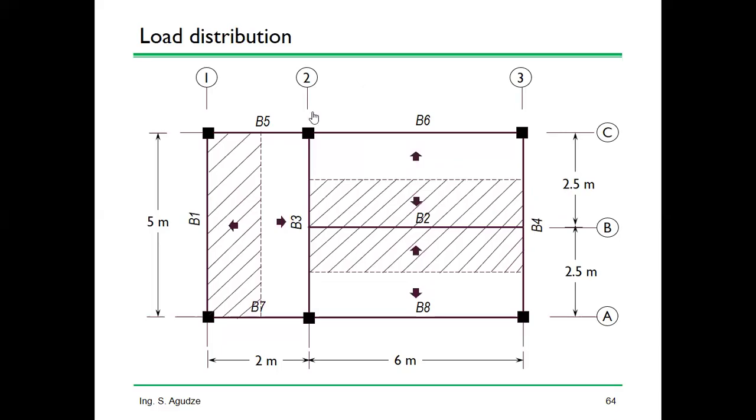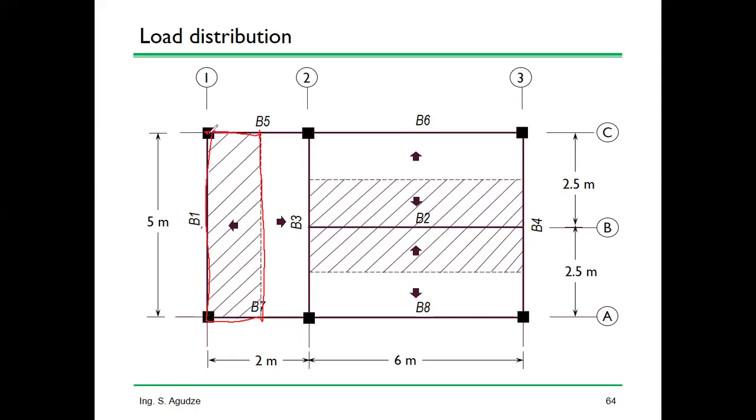After you have done this load distribution, what you need to take note of is what we call the slab supported area, in other words the tributary area. We divided this slab into 2, so the whole of this is coming on beam 1.